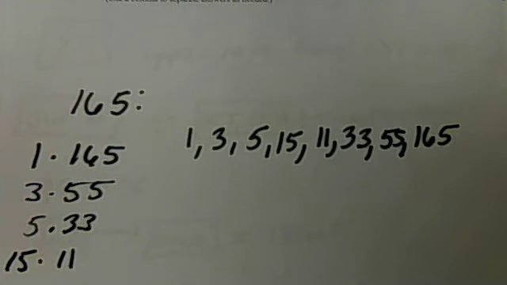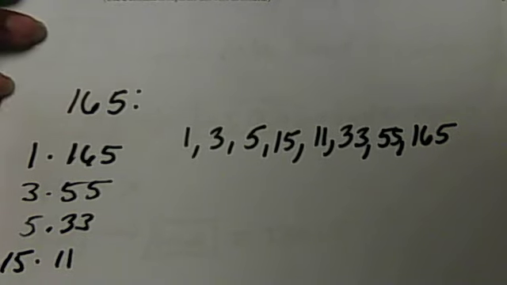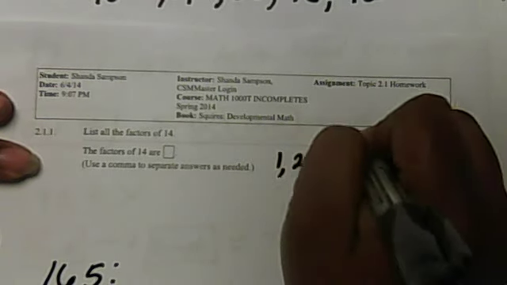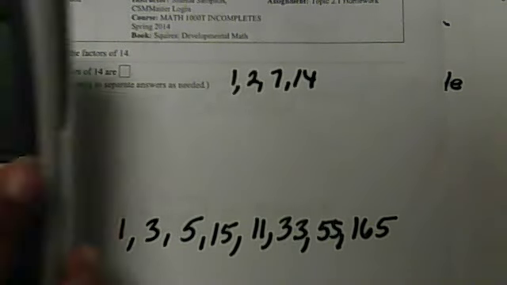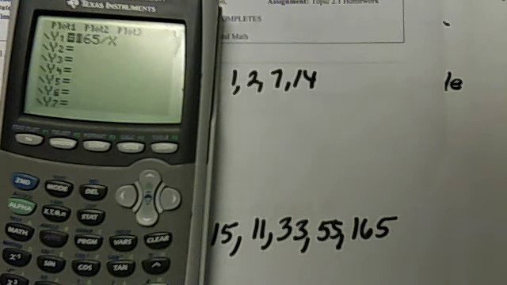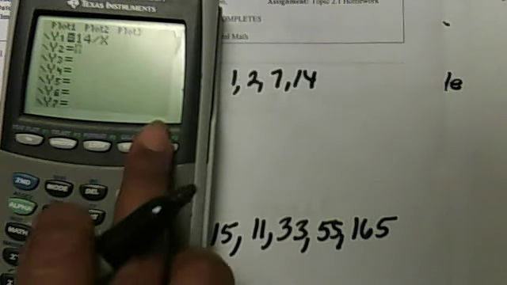If you have a small number, you can do those by yourself, but my suggestion is that you don't do the larger numbers, because like this is the factors of 14. If you wanted to just practice, 1, 2, 7, and 14 is the answer to that one, but we can always check it in our calculator. Y equals, clear that out, 14 divided by x, and then go to your table.